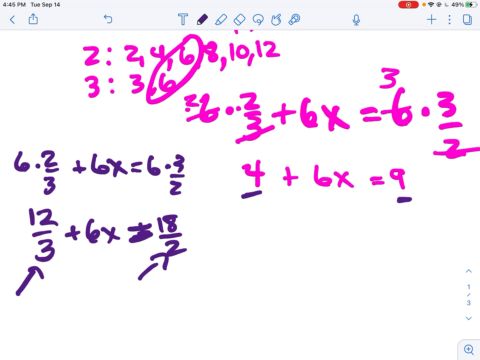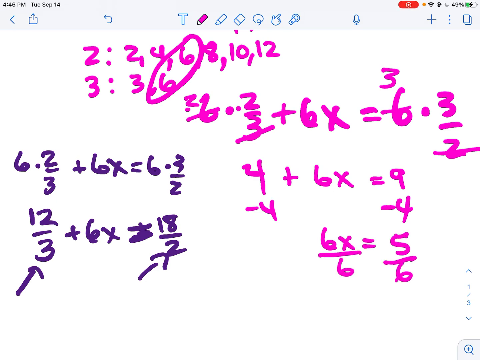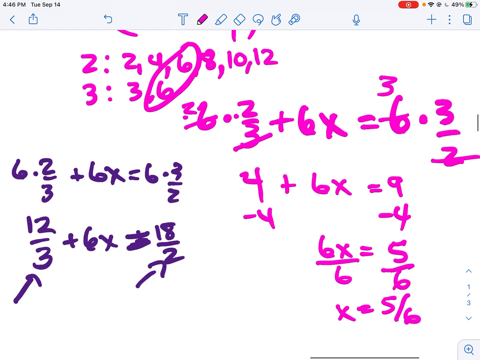So it's the exact same thing we already did. So I subtract 4 from each side of the equal sign. I get 6x equals 5. Divide by 6, and I get x equals 5/6.